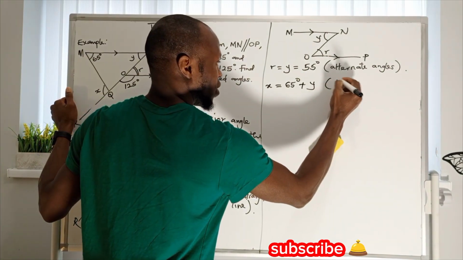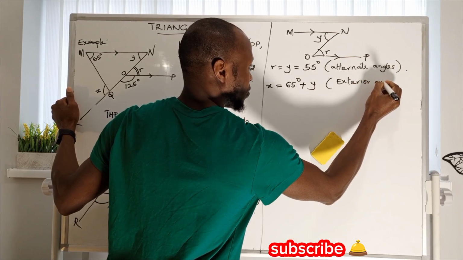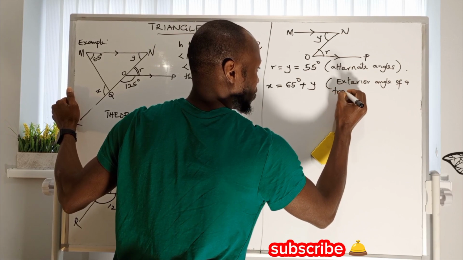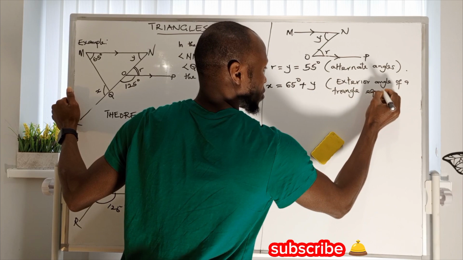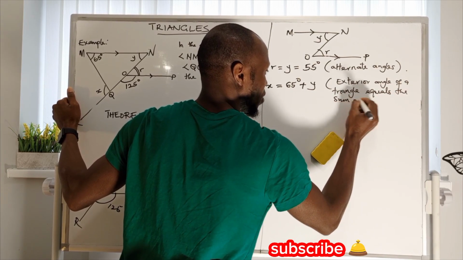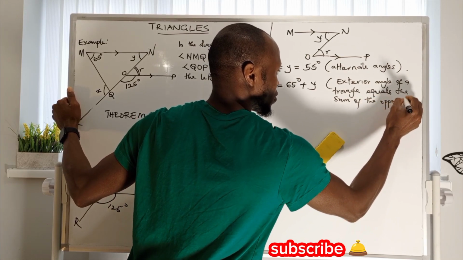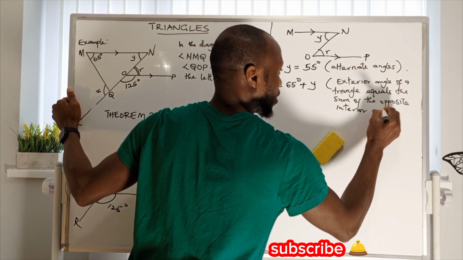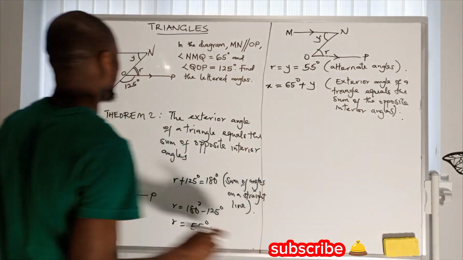Because the exterior angle of a triangle equals the sum of the opposite interior angles. Okay, somebody said I should explain that fully.